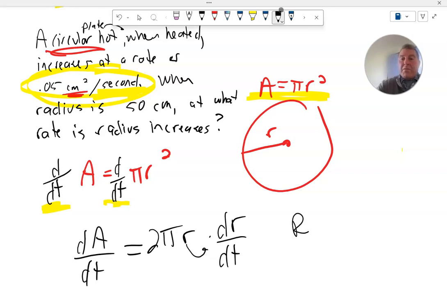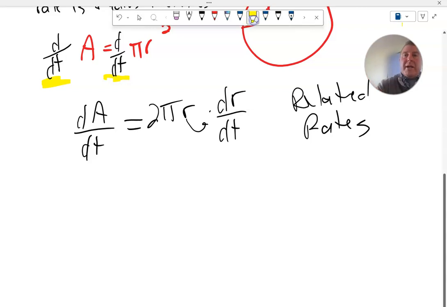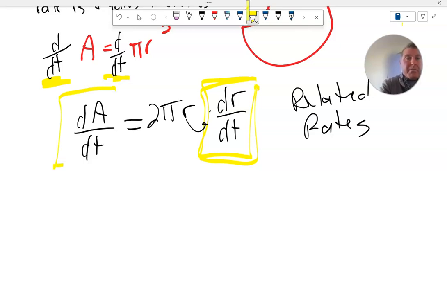And this is what's called a related rates equation. It's called that because it's relating two rates. It's relating the rate at which the radius is changing, which is dr dt, to the rate at which the area is changing. You'll also note there's another variable here, and that's just r. r is just the radius at any moment.